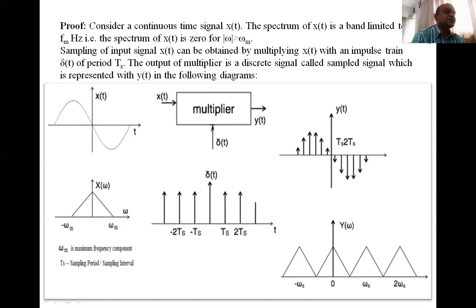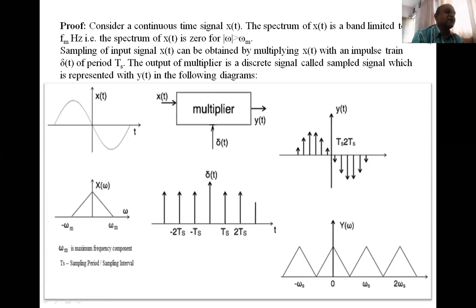We feed this continuous time signal to a device known as a sampler, or you can say a multiplier. Here a multiplier is shown. On one side there is x of t as an input, and on the other side there is another signal, delta of t. The multiplier multiplies these two continuous time signals.